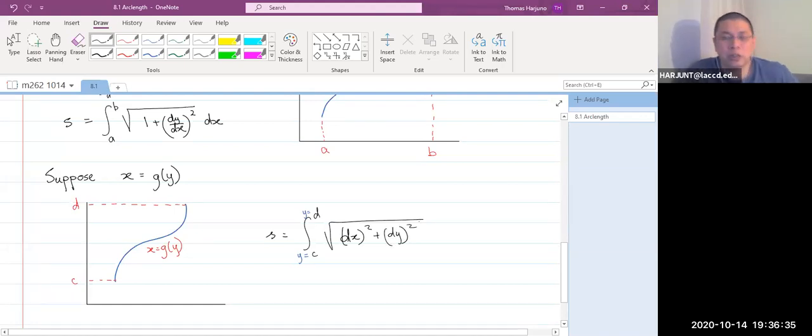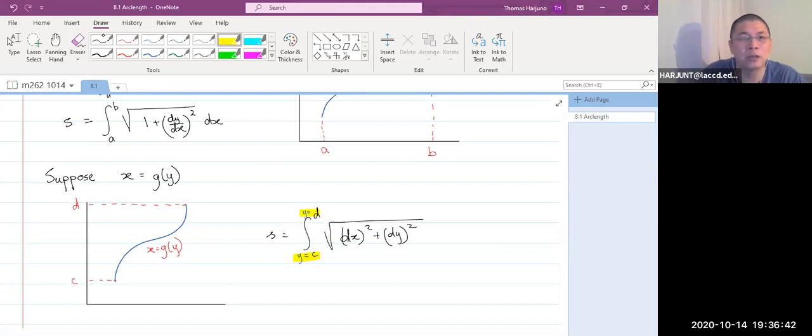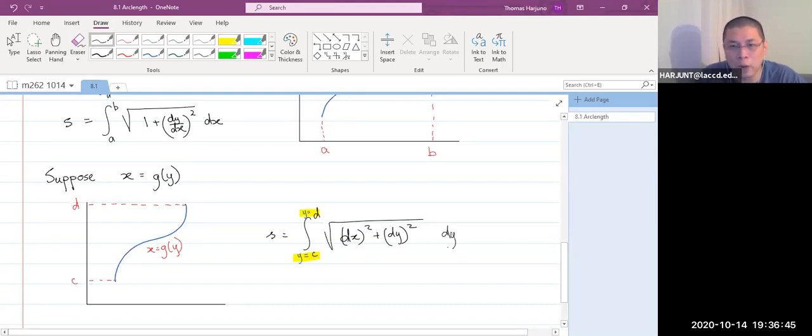Now because the limits of integration are in terms of y, the differential here is supposed to be dy. Because I need to factor dy out, the guy inside the square root should be divided by dy squared. This then becomes 1, while this then becomes (dx/dy) squared.